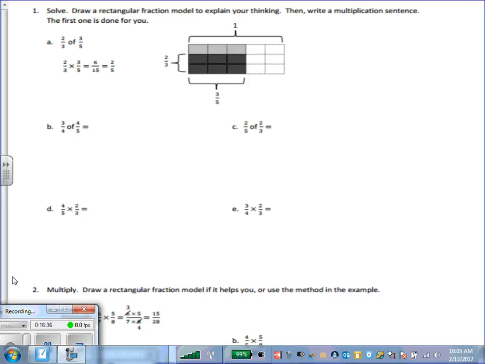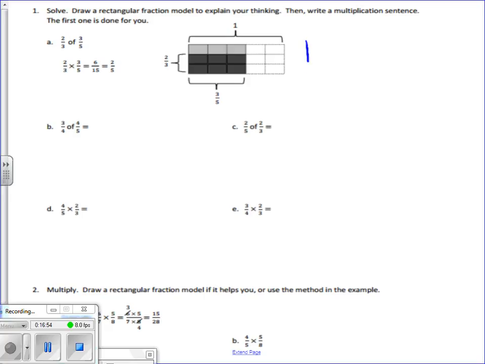So on the rectangular model, I don't really see the need to put this 1 up here. It's just an extra bracket to do. Obviously, you've got the whole thing. Why write it? I don't see the need. So for 3/5, I'm going to draw out my fifths, 2, 3, 4, and 5.